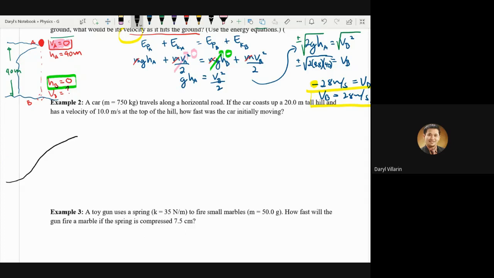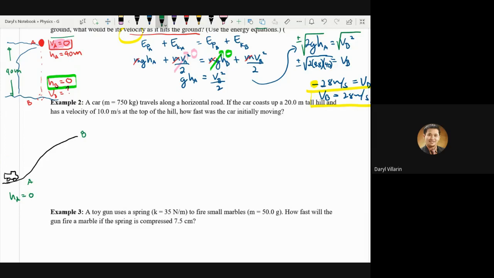So this is the hill, and then I have a car. If this is my A, and the top would be my B, and I set the bottom part as 0, so HA is equal to 0.